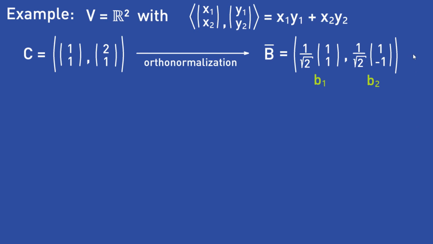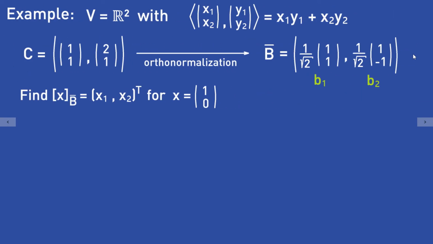We want to find the Fourier coefficients of the vector x equal to (1, 0), so the coordinates x1 and x2 with respect to the orthonormal basis b bar. Because b bar is an orthonormal basis, we will use our calculation formula to find x1 and x2.